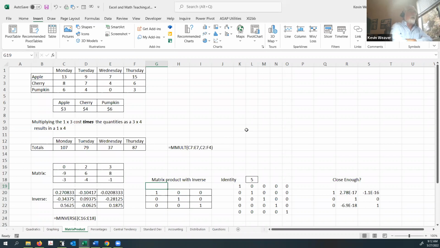So if we took a look at this fictitious set of data where I have the sales quantities of 3 different pies for 4 different days, and then I have the price of those 3 pies, $3 for apple pie, $4 for cherry pie, and $6 for pumpkin pie.